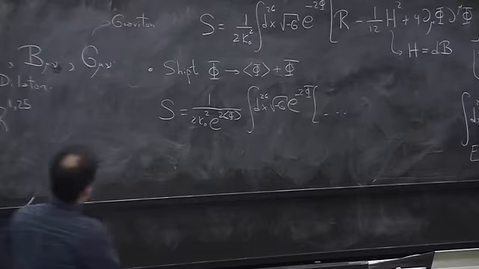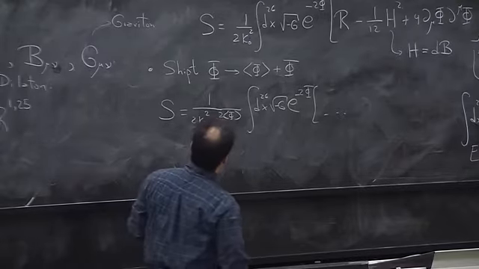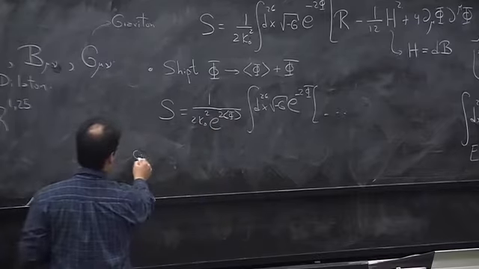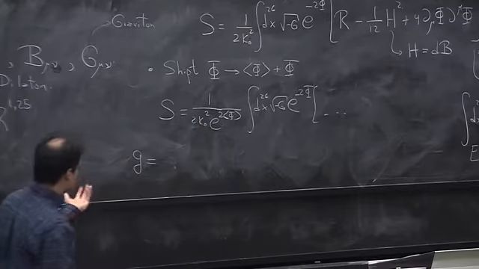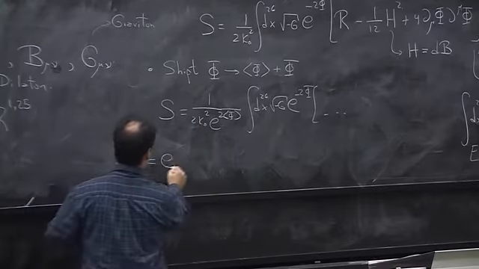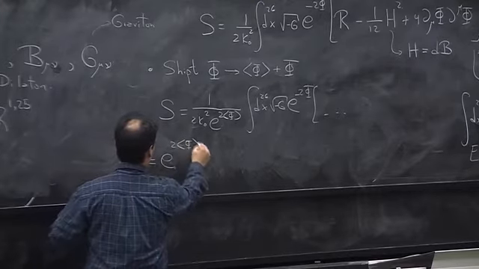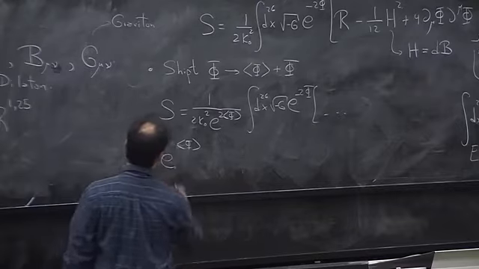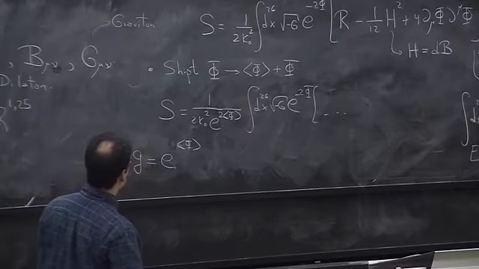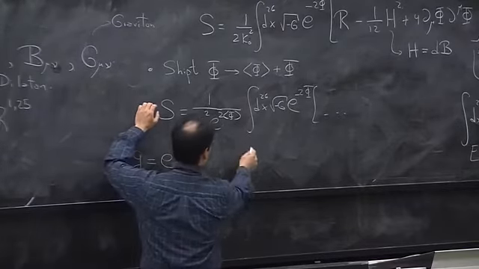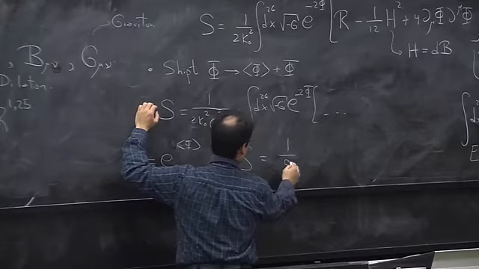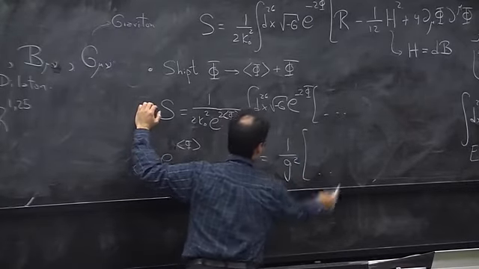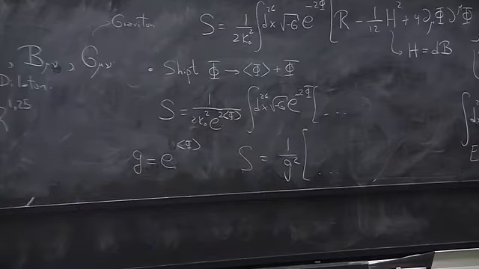This is why we think of this as the coupling constant of the theory. More precisely, this is a coupling constant, and the action has a factor in front of the form 1 over g squared. That looks more canonical.